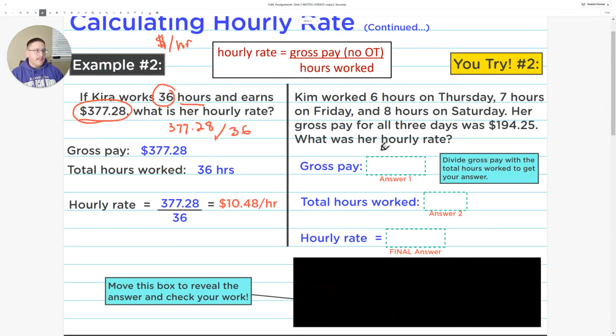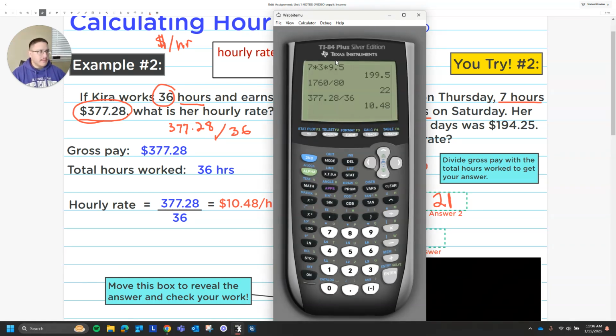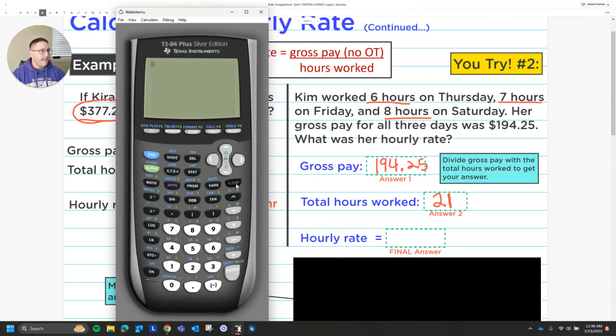So her gross pay was $194.25. Total hours worked, 6 plus 7 plus 8, which 7 plus 8 is 15. 15 plus 6 should be 21 hours. So now we're going to take these two and divide them in our calculator. 194.25 divided by 21.